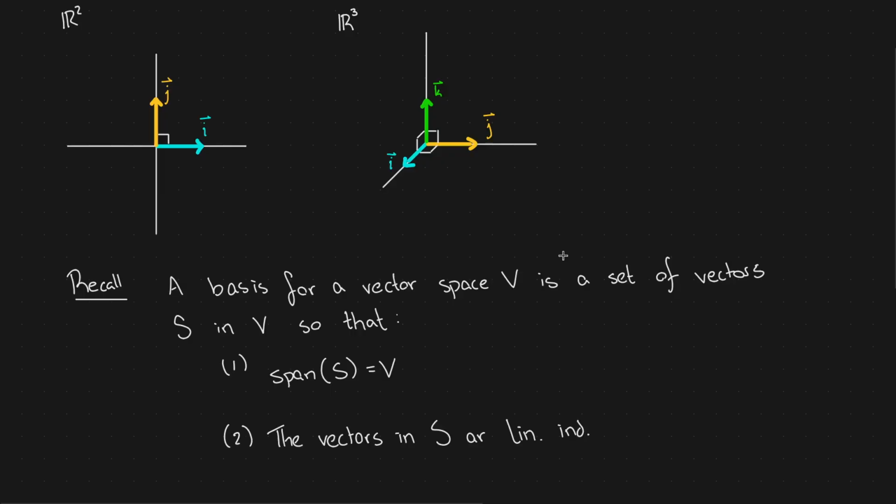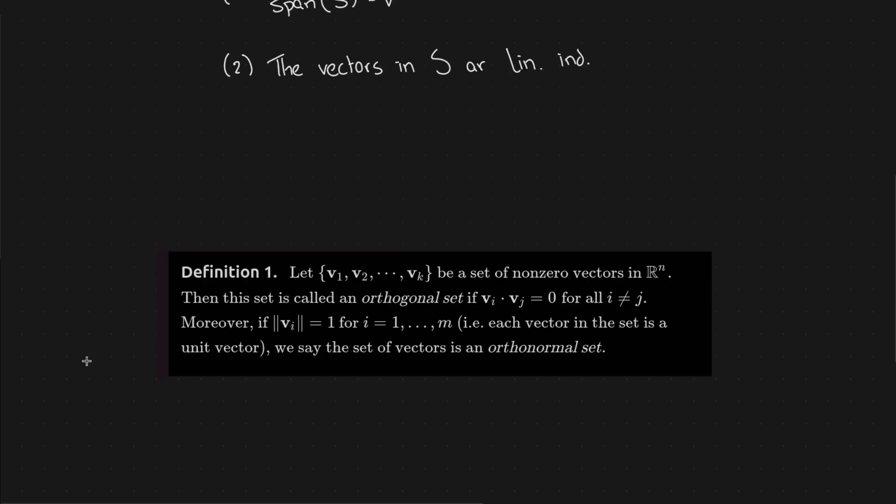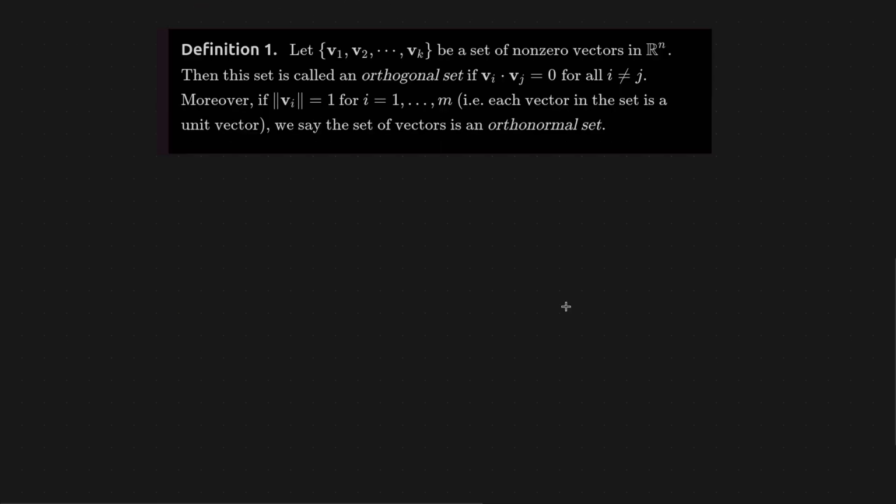So just like before when we defined a basis generally, we also want to see if it's possible to extend these other nice properties: the fact that the vectors are orthogonal and that they're all unit vectors. What happens if we extend those ideas to other sets of vectors? That leads us to the following definition. Let v1, v2, all the way to vk be a set of non-zero vectors.